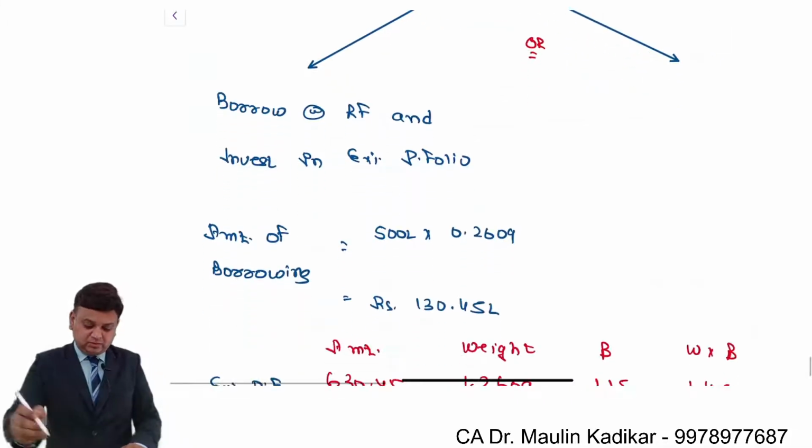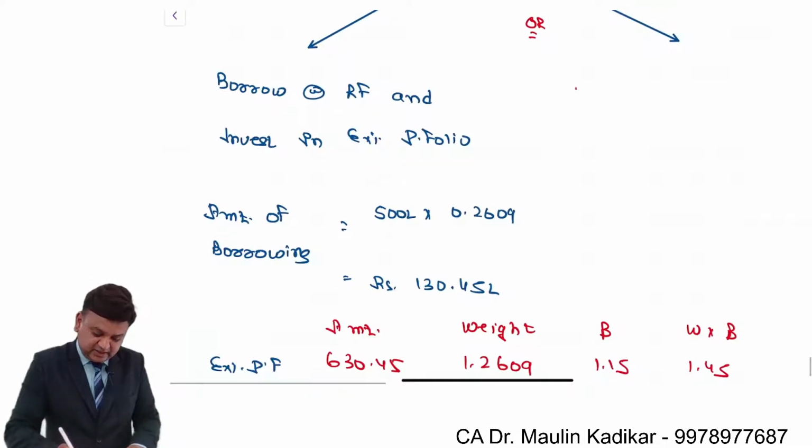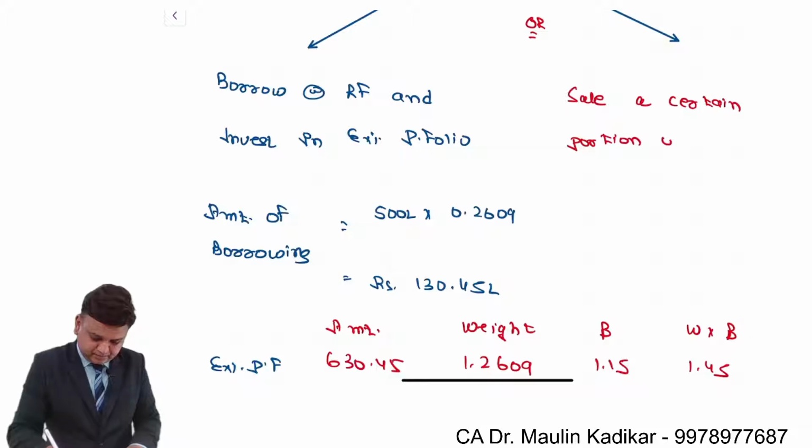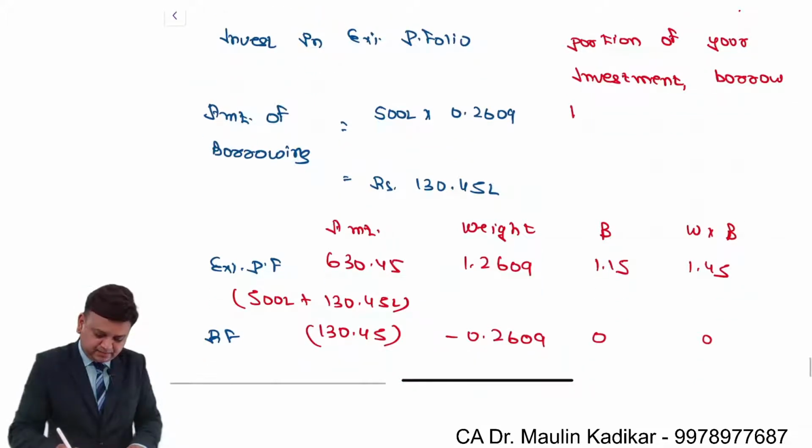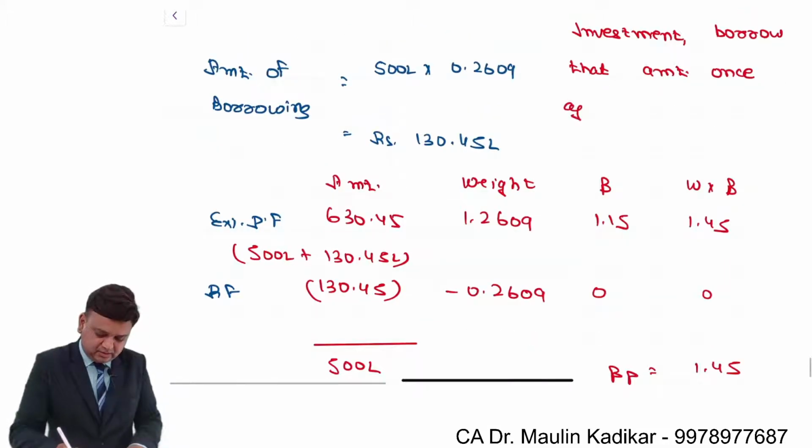what you can do, sell a certain portion of your investment, borrow that amount once again at the rate RF.